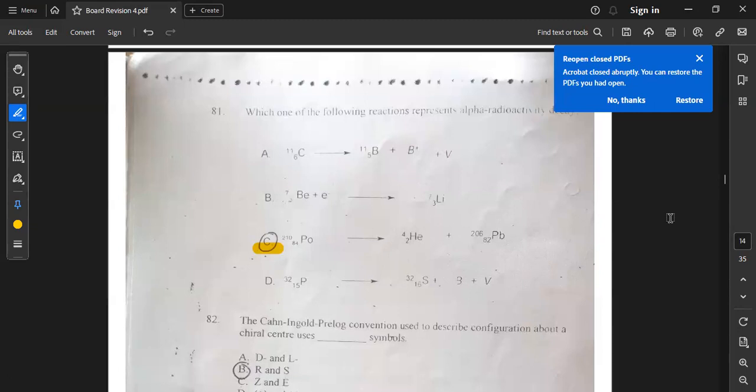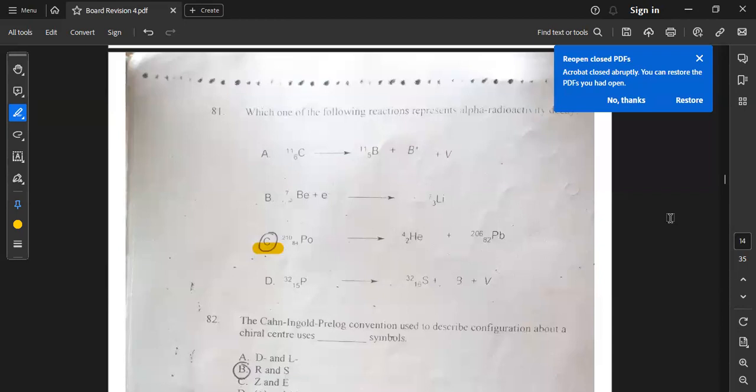We've seen alpha, beta, gamma, positron, right? So what do we see in alpha radioactive decay? We emit a helium particle. What about in the others? What about in beta? What about in gamma? What about in positron? And any other that I may not have mentioned.